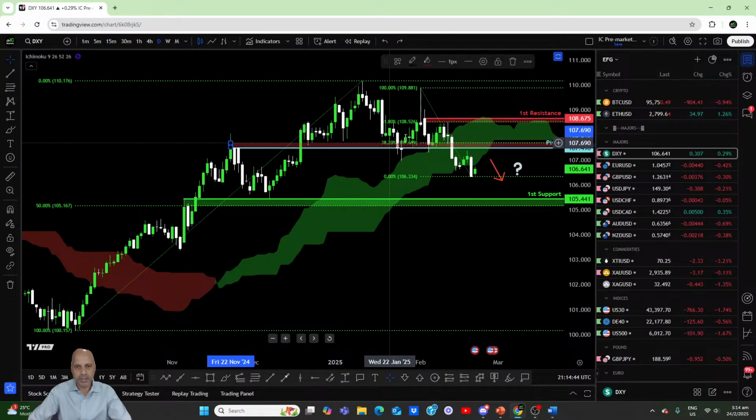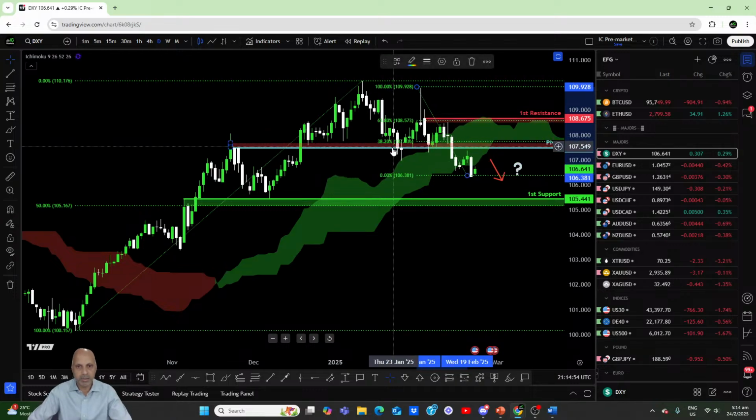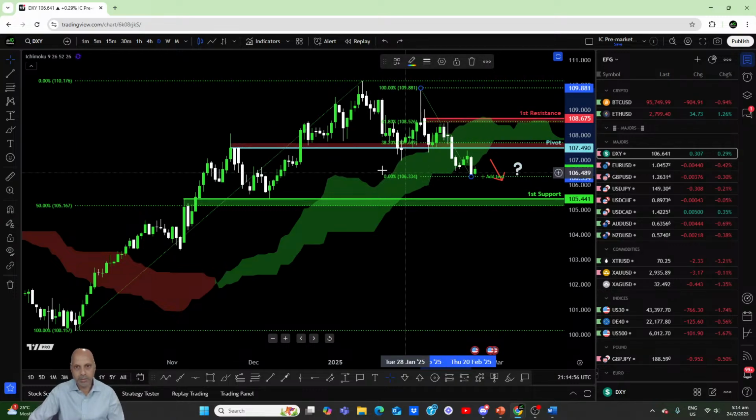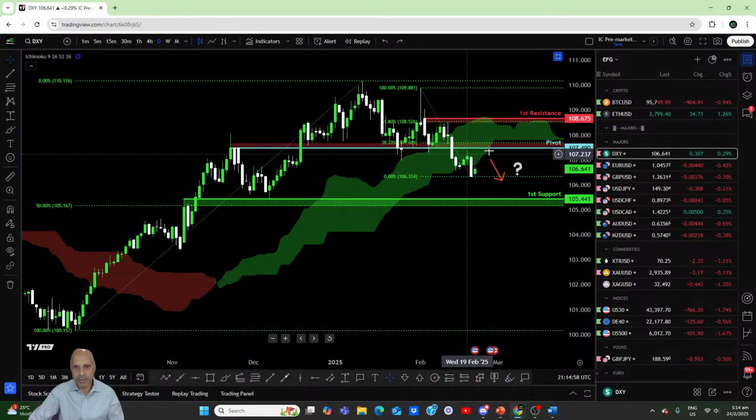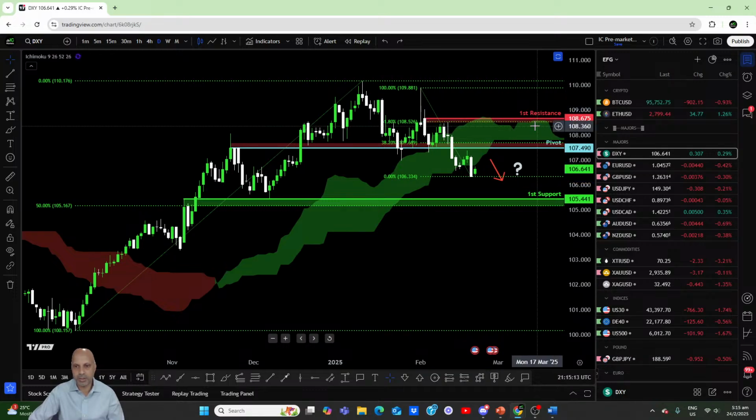We found this 38.2% retracement starting from this swing high on 3rd of February and going down to the swing low of last Thursday on the 20th. The 38.2% Fibonacci retracement sits just above the overlap resistance, which is the pivot, and we can also see the 61.8% Fibonacci retracement sit pretty close to this swing high resistance on Tuesday, 4th of February, at around 108.67.